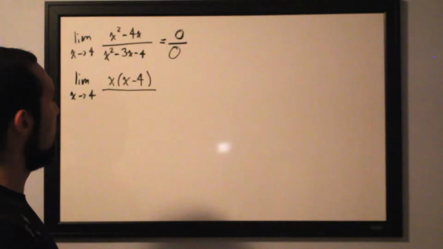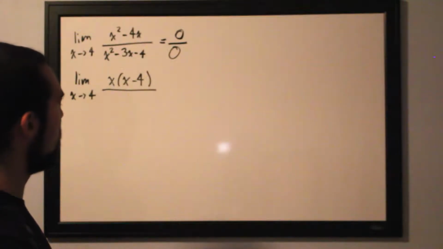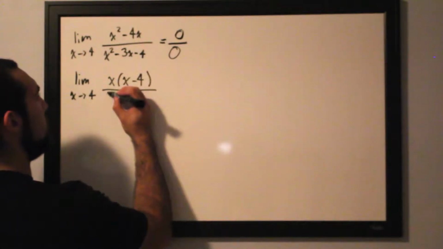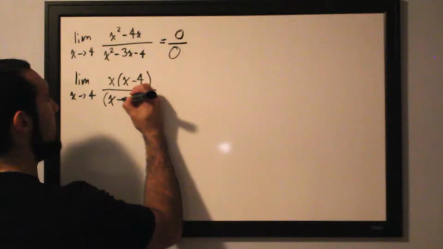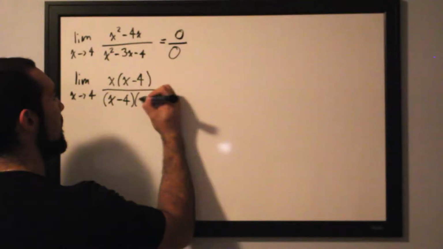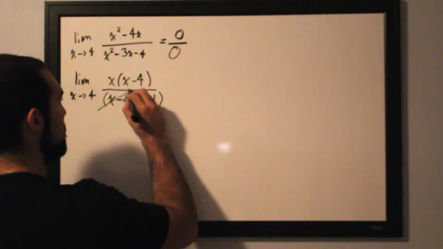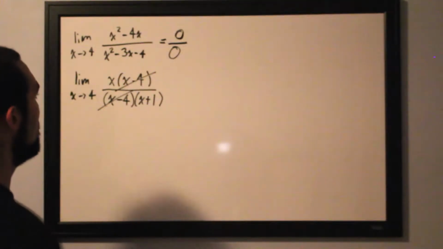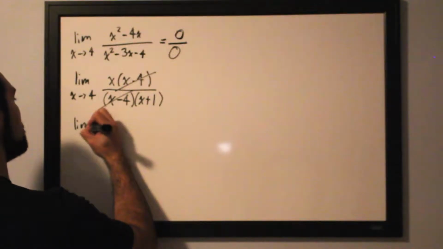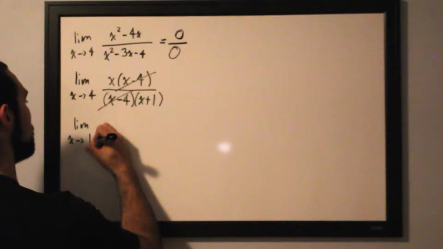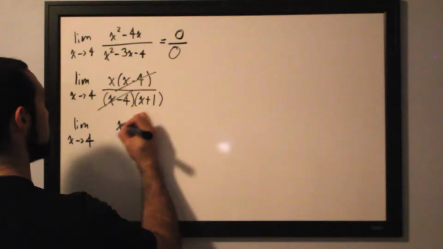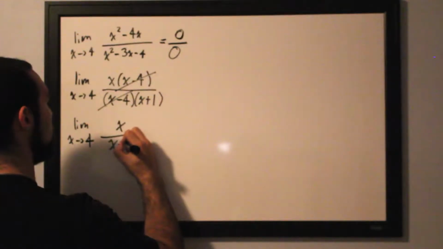So if we add up to -3 and product of -4, that would be x minus 4 and x plus 1. We can cancel out both x minus 4's over here, and all we're going to be left with is limit as x approaches 4 for x over x plus 1.